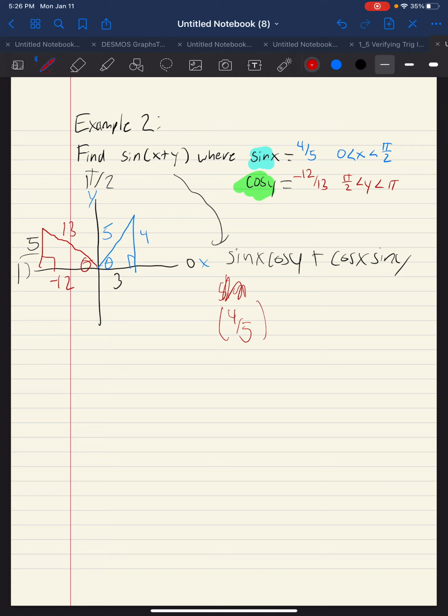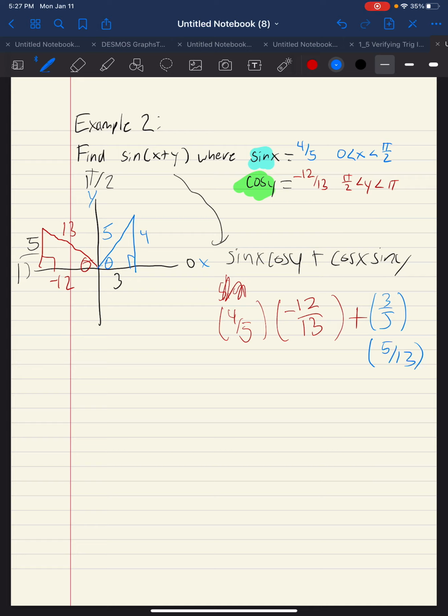They gave it to us already, which is negative 12 over 13, plus, now we're looking for cos of x. Cos of x we can find using our triangle right here. So when we found the x, it was 3. So cos of x will actually be 3 over 5. It's adjacent over hypotenuse. And then multiply it again. Sine of y is 5 over 13.